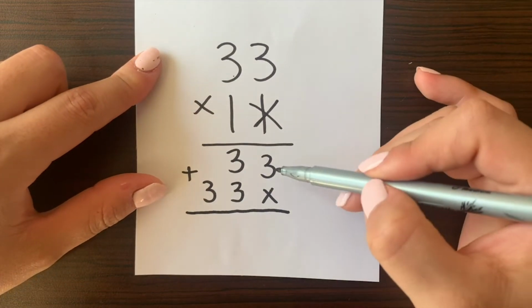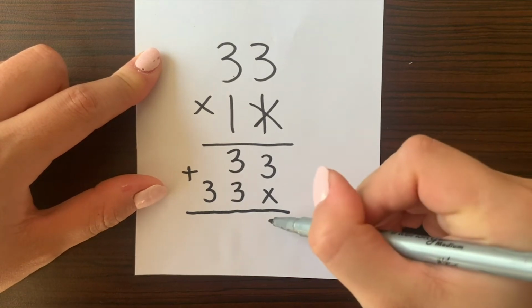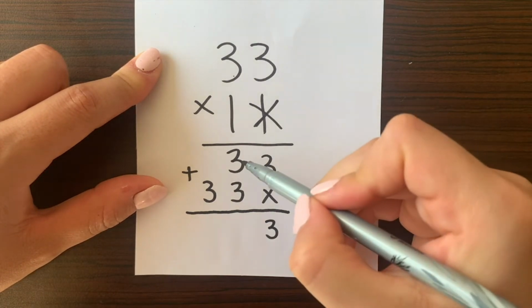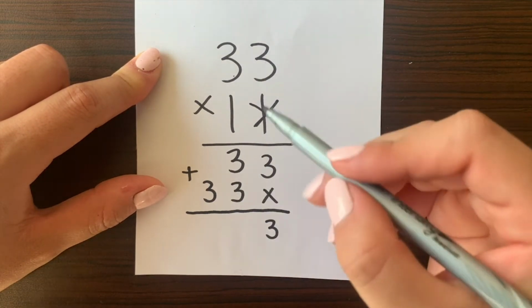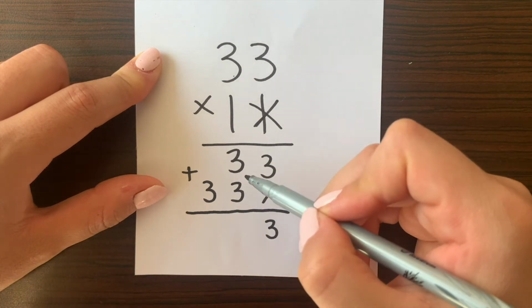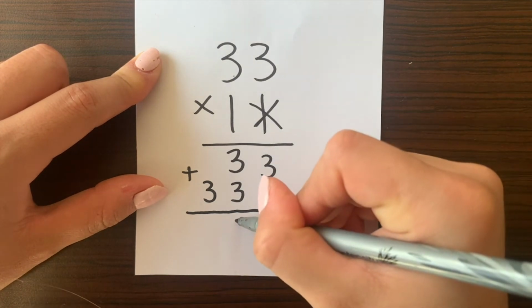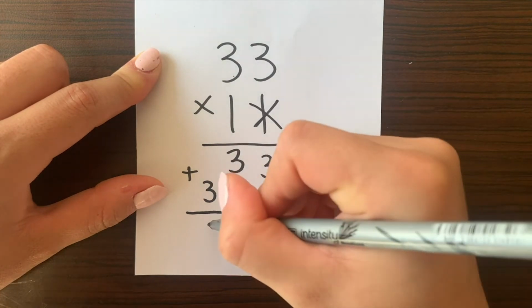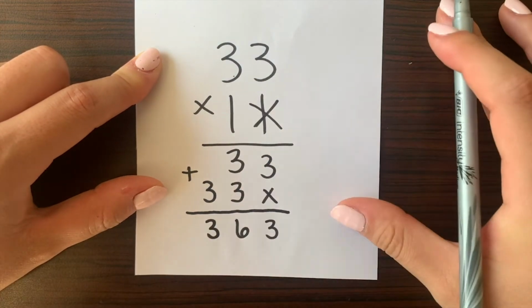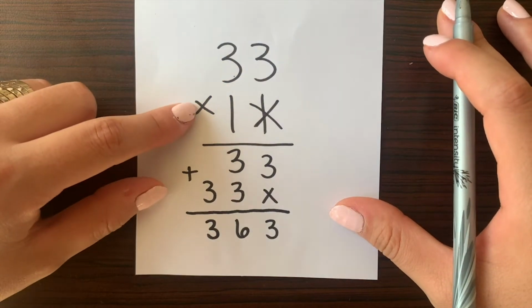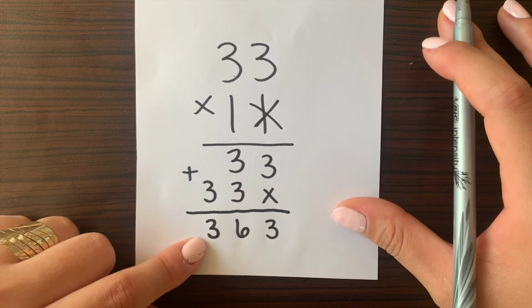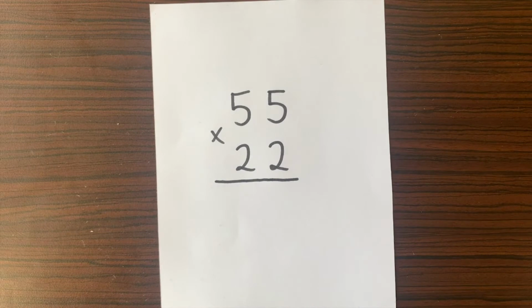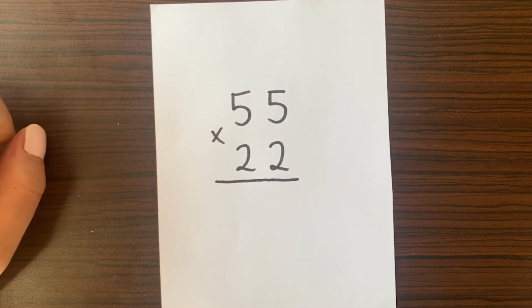So 3 plus 0 is 3. 3 plus 3 equals 6. And since we don't have anything here, it's just a 3, so we're going to drop that. So 33 times 11 would equal 363.